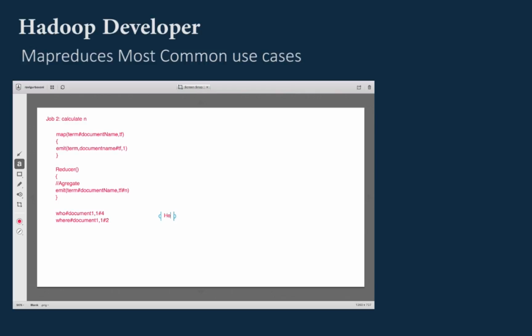So here we get small n. So that's job 2. By the end of job 2, we've already got n, that is small n.